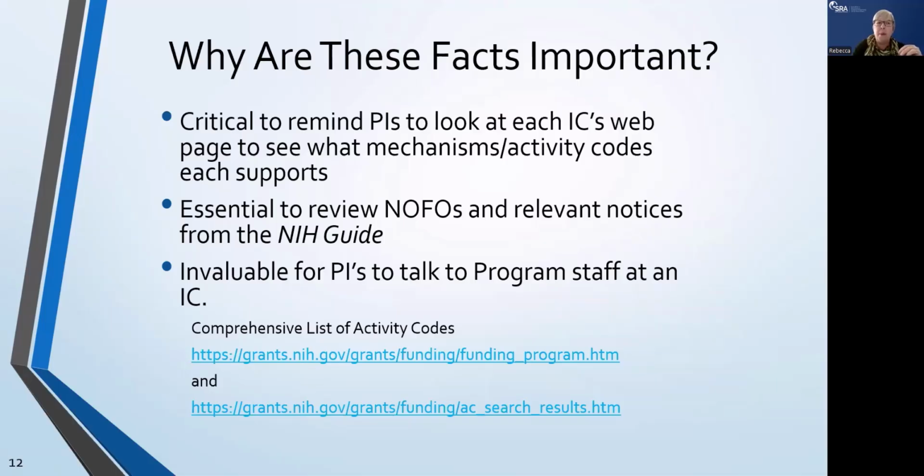It's also important to review the NOFOs and relevant notices from the NIH Guide. We're going to talk about NOFOs in a second. They're making a big change. But again, a NOFO will tell you which institutes or centers are supporting a particular funding opportunity.